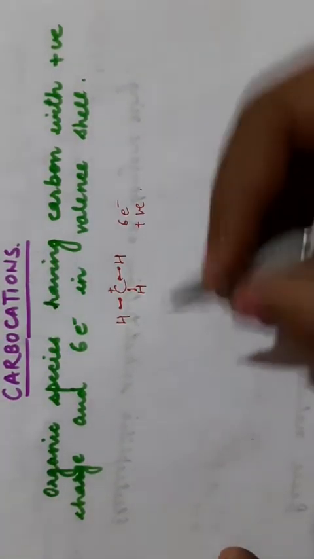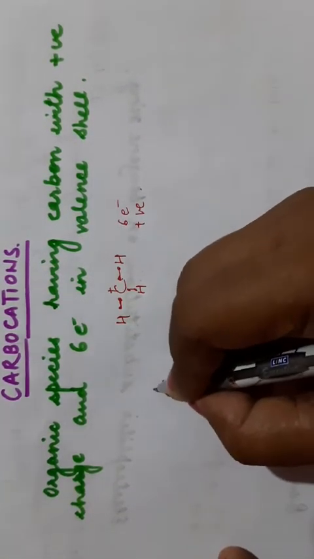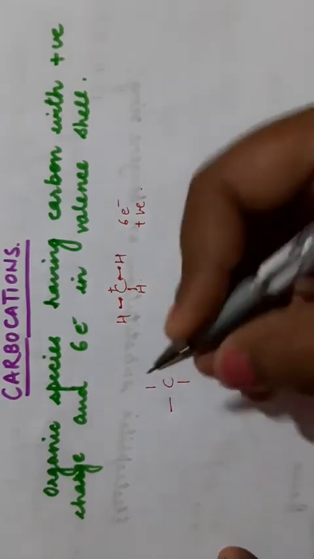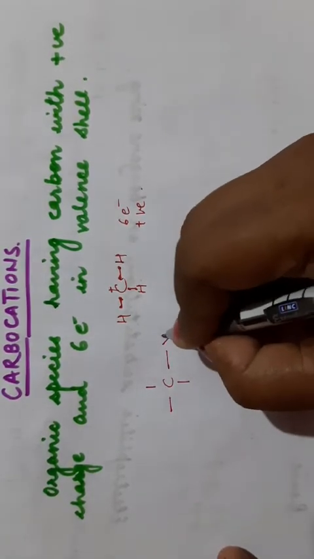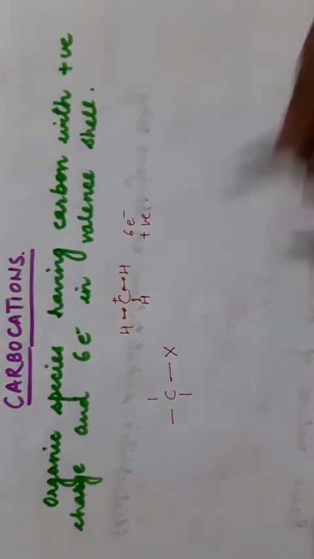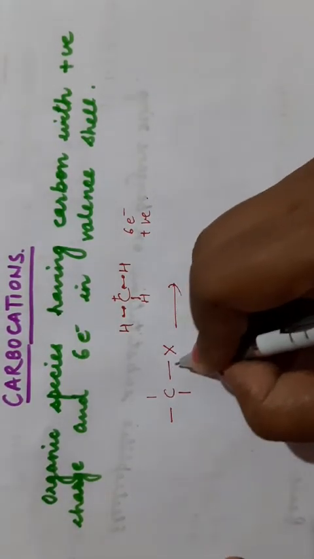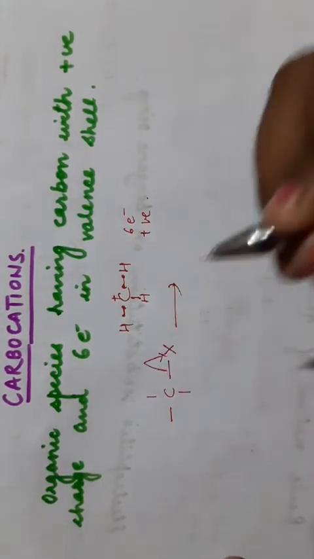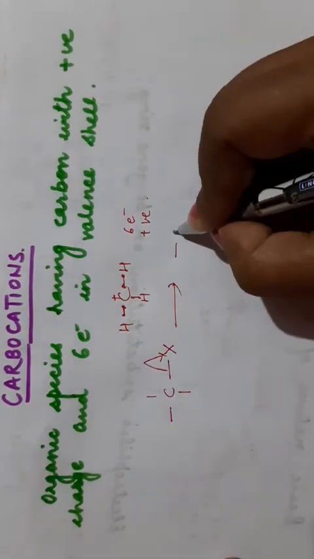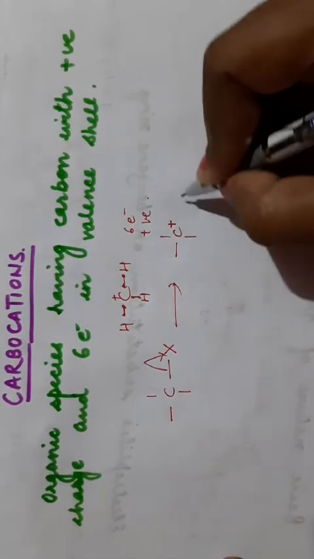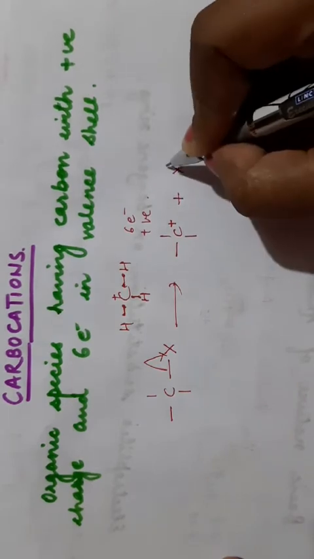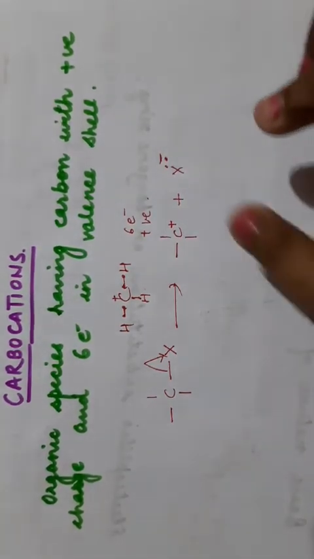Now how are they formed? They are formed by the heterolytic cleavage. Suppose this is any group and a heteroatom is attached here. Now when this heteroatom leaves along with the lone bond pair, then it will form a positive charge here and it will leave as a negative ion.